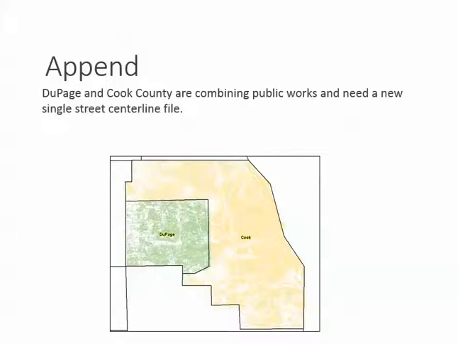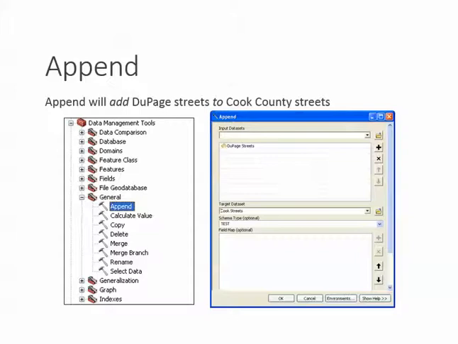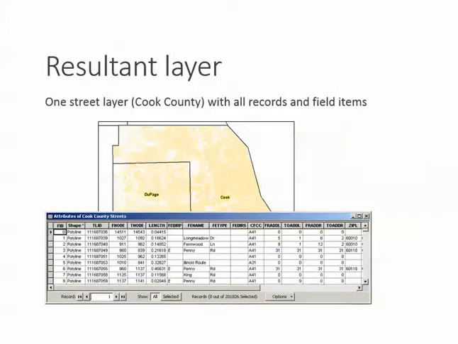So if you're working in a large project where you need to have a street layer for 2 counties, an append tool would be a great way of doing that. Using the append tool, you would add the Cook County street layer to the DuPage County street layer. So that DuPage County street layer will now have all of the Cook County attributes.